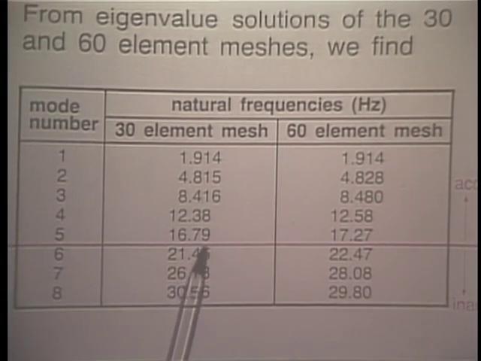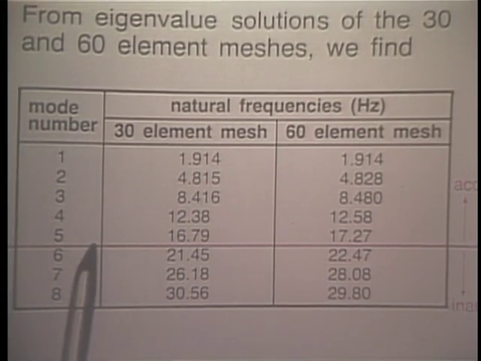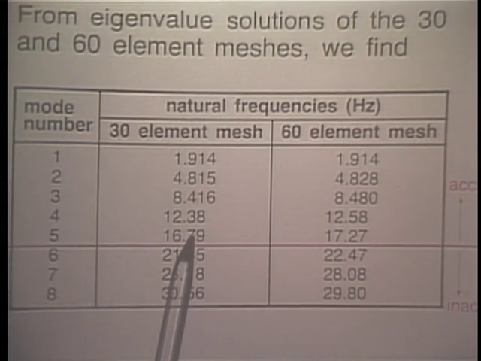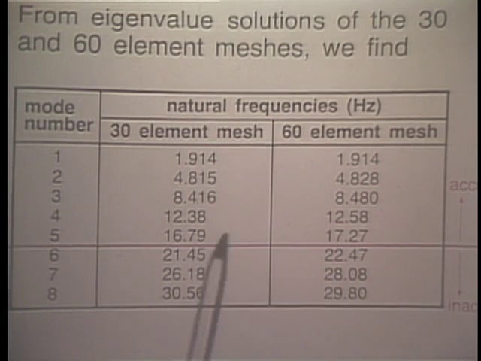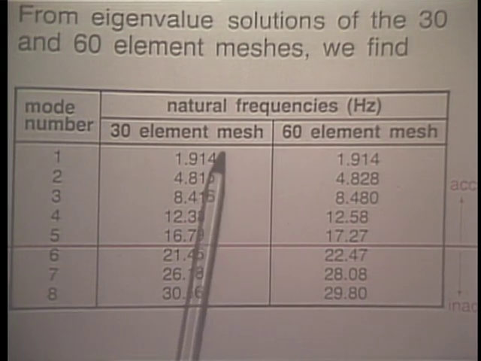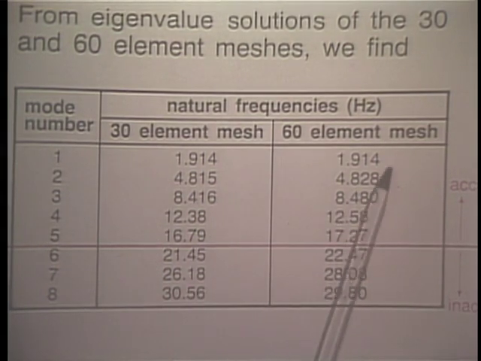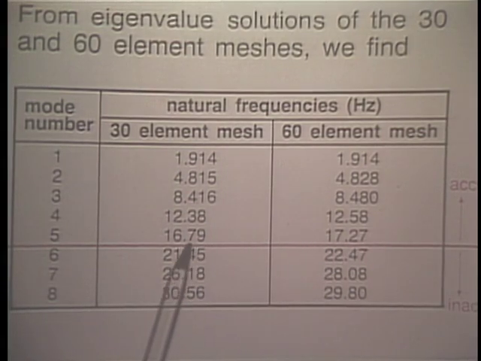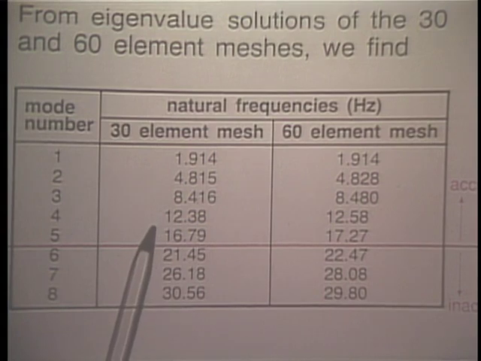We notice that up to this red line, the difference between the frequencies is less than 1 Hertz. In other words, the difference between the frequencies obtained from the 30-element mesh and the 60-element mesh is less than 1 Hertz, and that is also right at the 17 Hertz level.